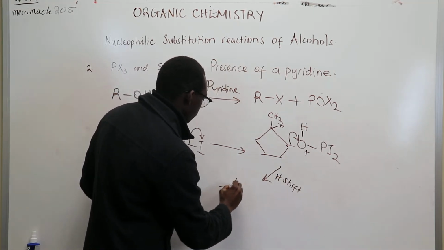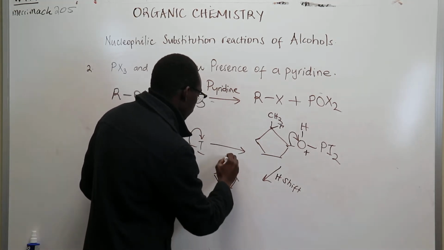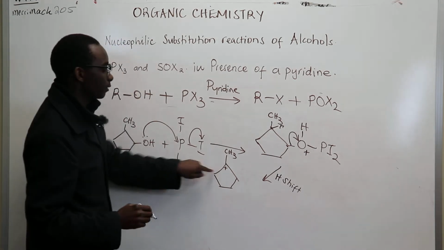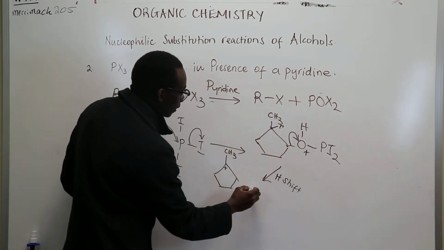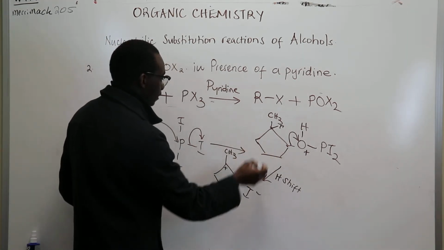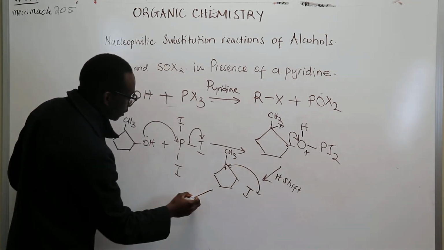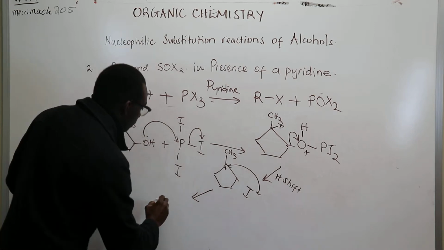So again, we shall have a hydrogen shift, and then our resultant carbocation will be on this other carbon. And this is when our iodide comes in and attacks this carbon and gives us our final product.